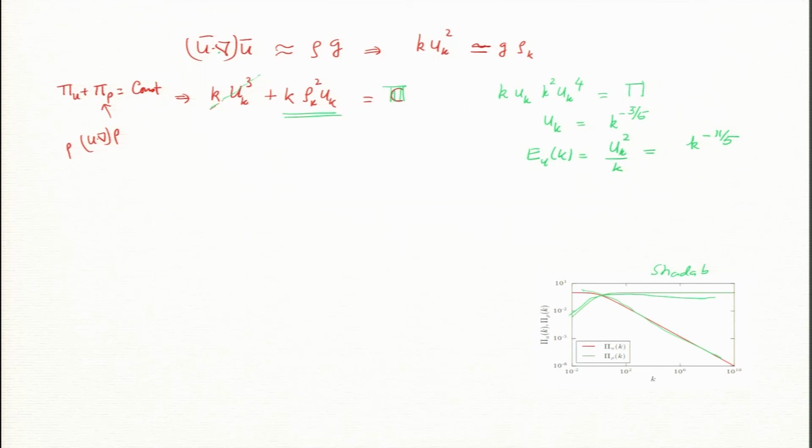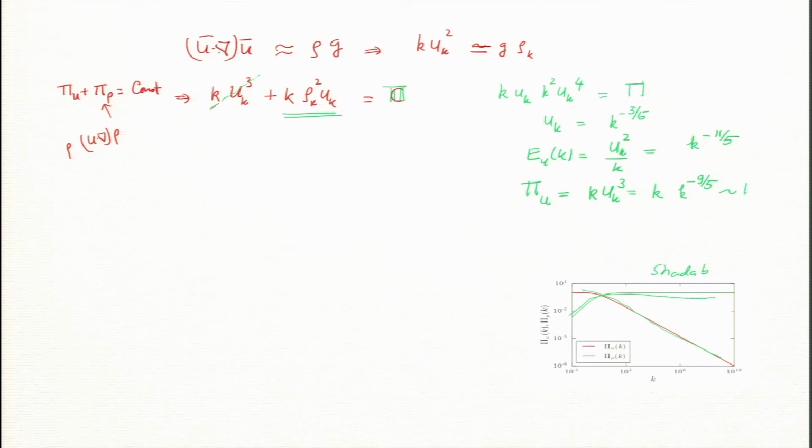What about the flux? Kinetic energy flux now is small, but let us compute it. Pi u, which is k uk cubed. So, what is Ek cubed? Is k to the minus 9 by 5, right? Is cube this.